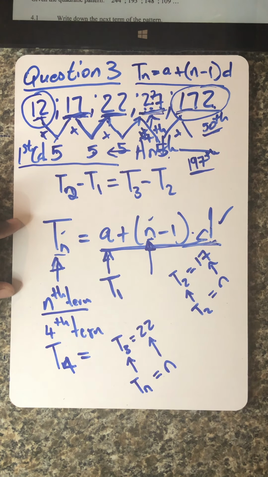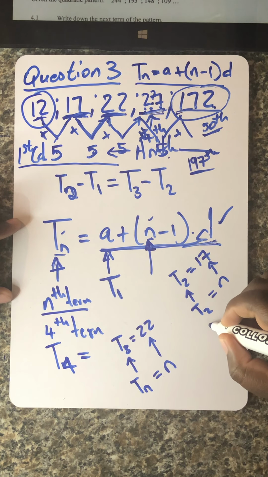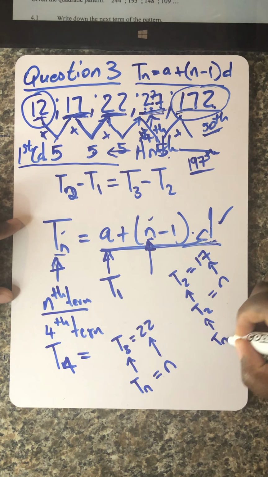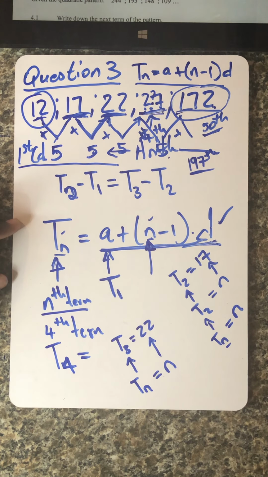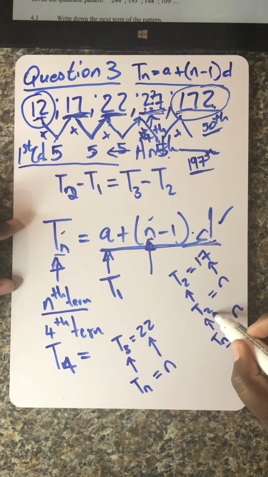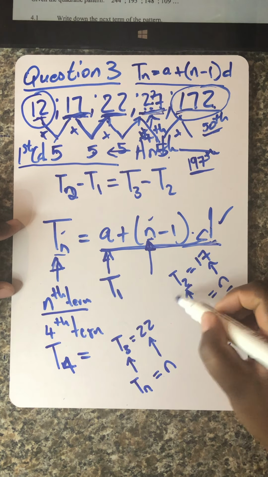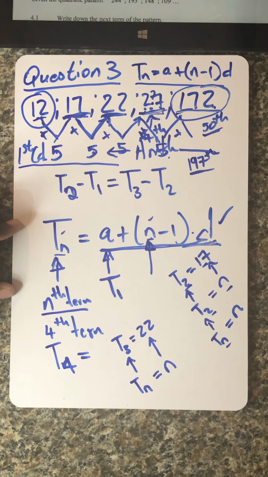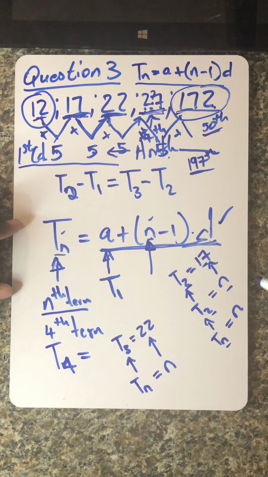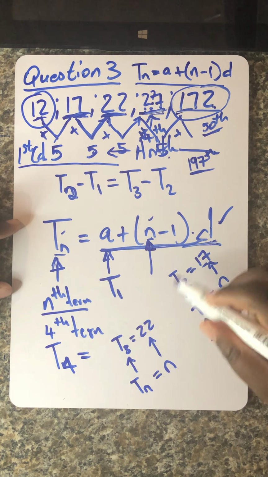So when we say the nth term, which is Tn, we want to know what is the number for that nth term. For example, when we talk of term number 2, we want to know what is that number for term number 2. So term number 2 equals 17. Guys, very important that you understand this part.